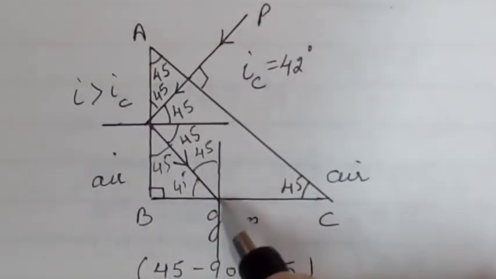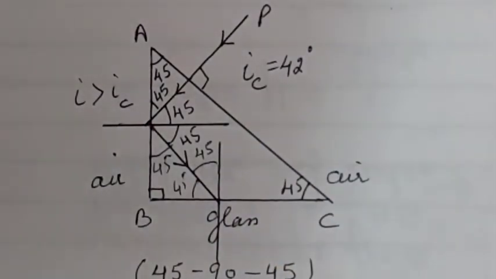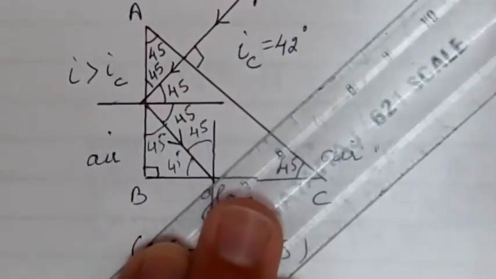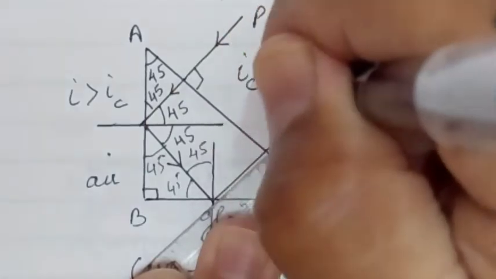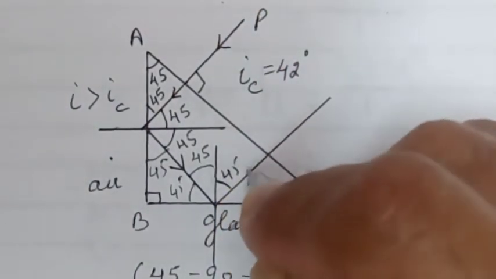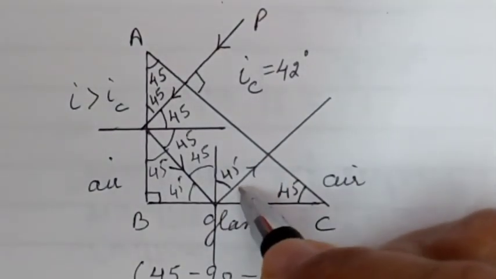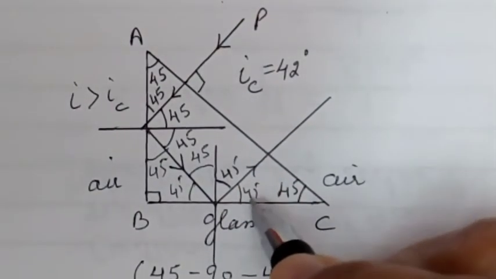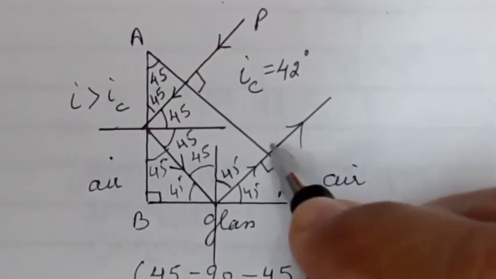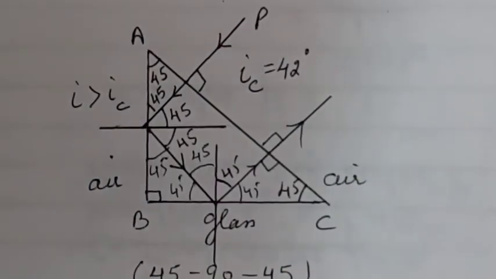So ray will get internally reflected. So ray gets totally internally reflected. There you are, 45 degrees, and here, 45, 45, 45, this is 90. So normal emergence. The ray emerges out normally.